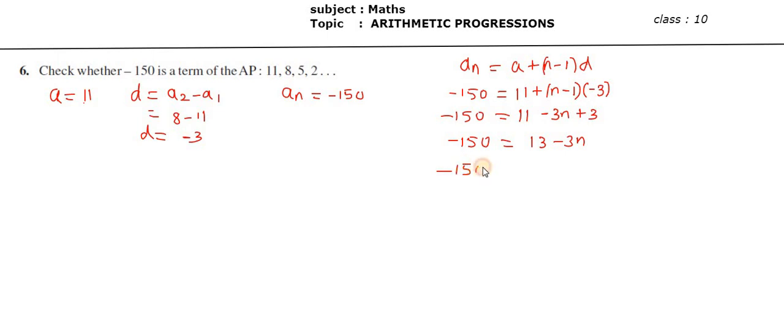Minus 150 minus 13 is equal to minus 3N. So then minus 163 is equal to minus 3N. Now minus minus gets cancelled. So 163 divided by 3 is equal to N.